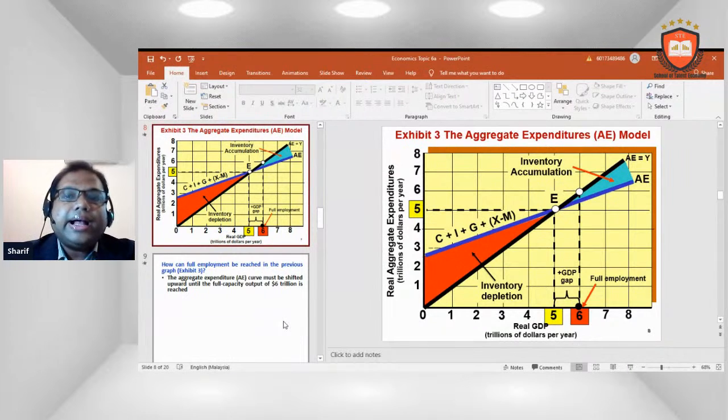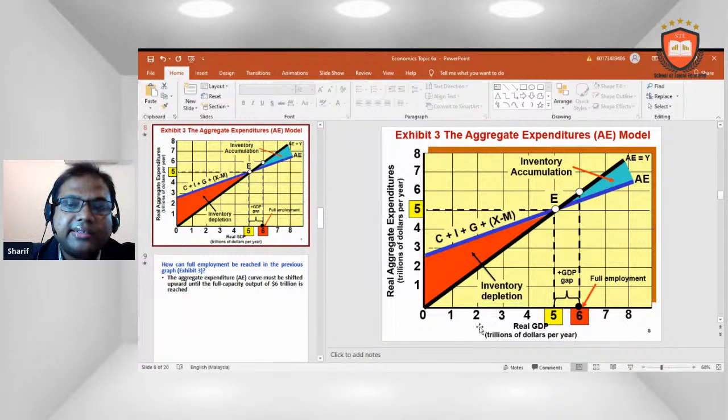Exhibit 3, the aggregate expenditure model. In the aggregate expenditure model, there is an x-axis. The x-axis is real GDP, and the y-axis is real aggregate expenditure. So in this area, the equilibrium point is here, and when real GDP is 5 trillion, real aggregate expenditure will be 5.